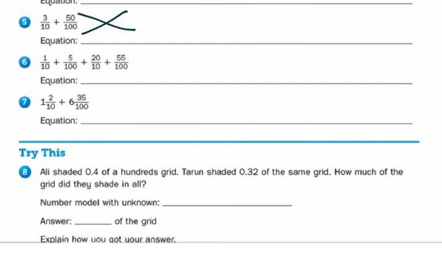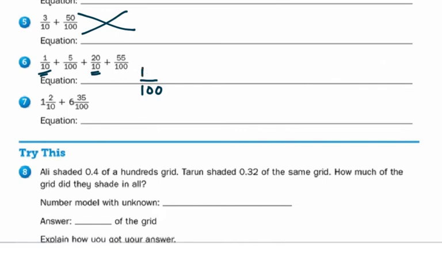Now we are adding 4 fractions together, and I notice that 2 of them do not have a denominator of 100. So as I write them down, I'm going to change them so that they have a denominator of 100. So 1/10, I'm going to multiply the denominator and the numerator times 10.